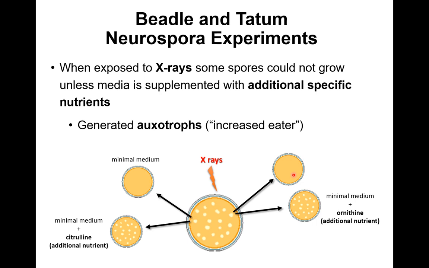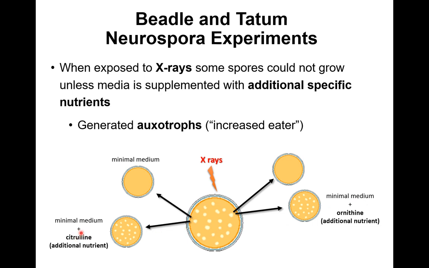What they observed is that by doing that, they were generating other colonies. Say you irradiated and you take this colony and transfer it to the minimal medium, it could not grow anymore in minimal medium. Some of these colonies could not grow anymore. They would die after irradiation with the X-rays. However, they could survive if the minimal medium was supplemented with some other nutrients, such as, for example, ornithine in this example, or citrulline.